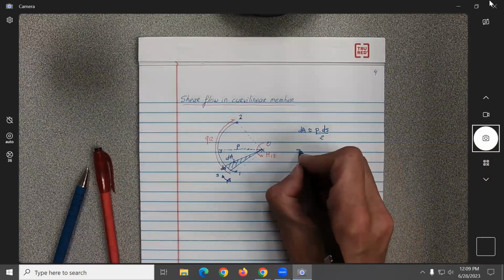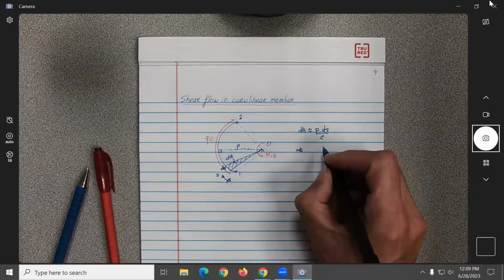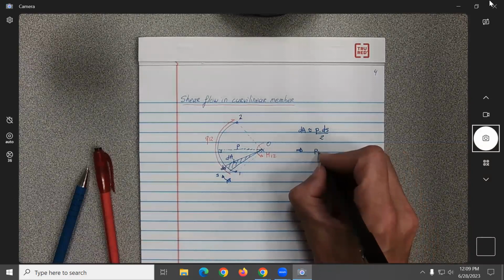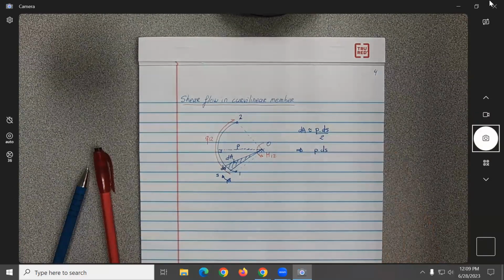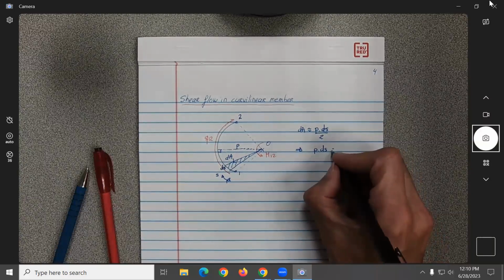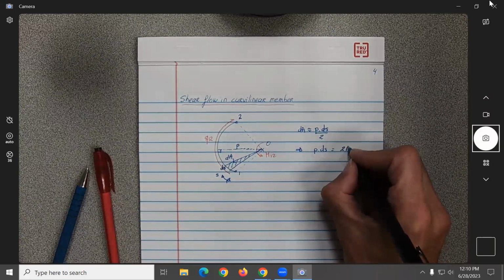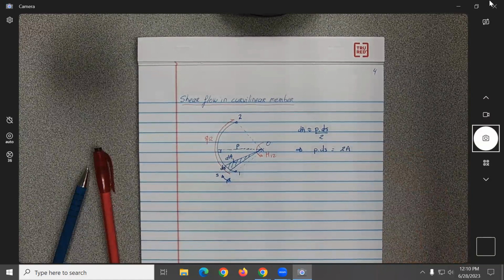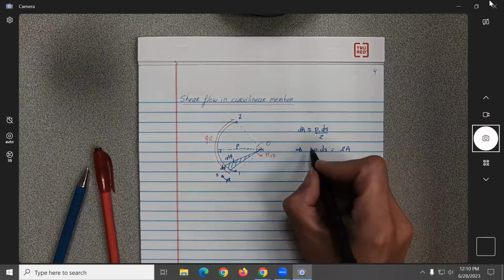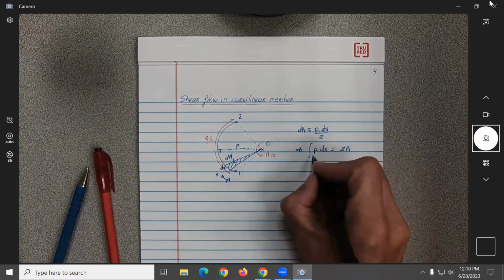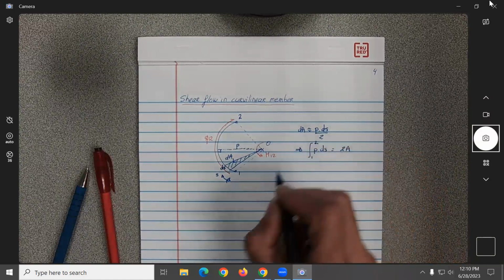Now here I can rewrite this. I can say from this equation that P ds equals 2 dA. Because this is a differential, I can integrate this between 1 and 2.